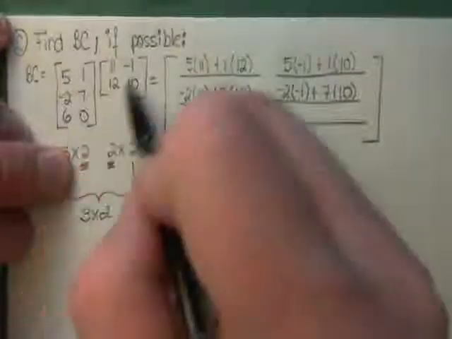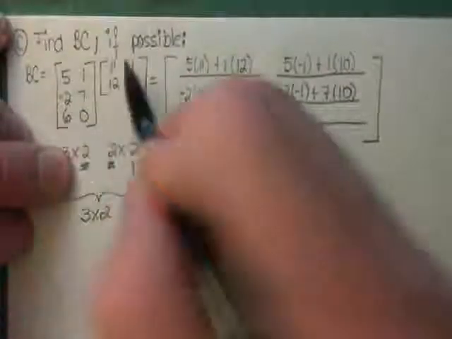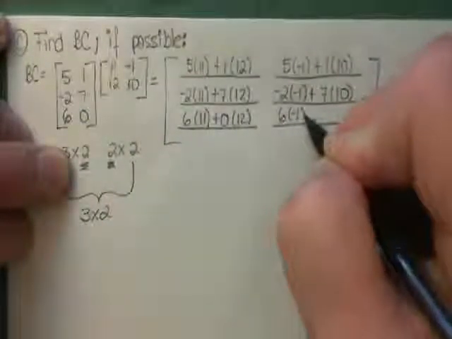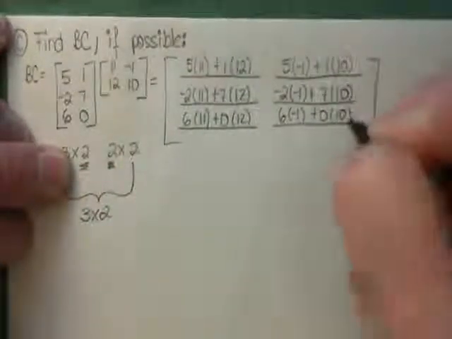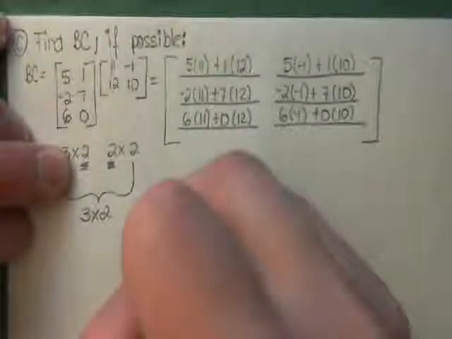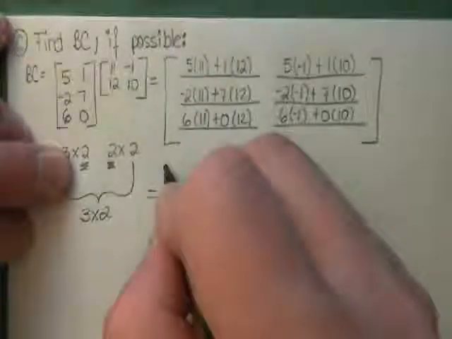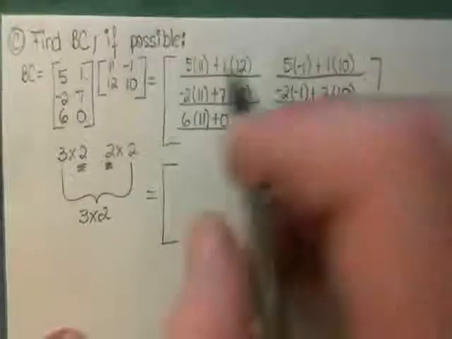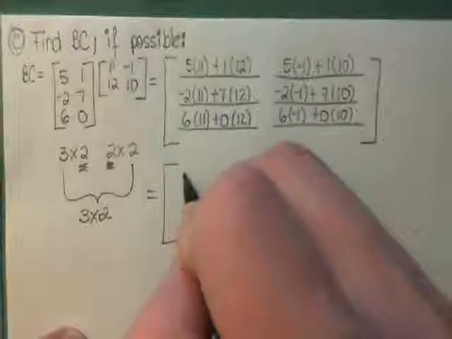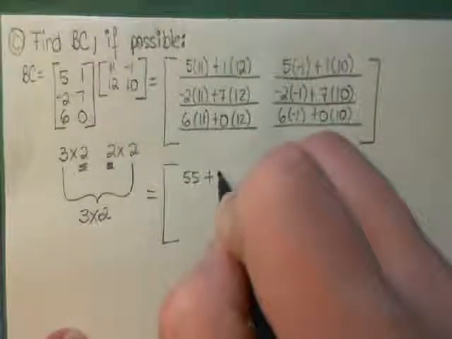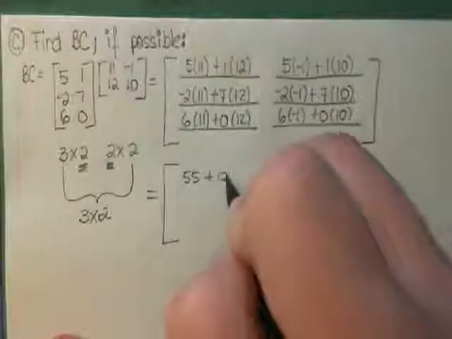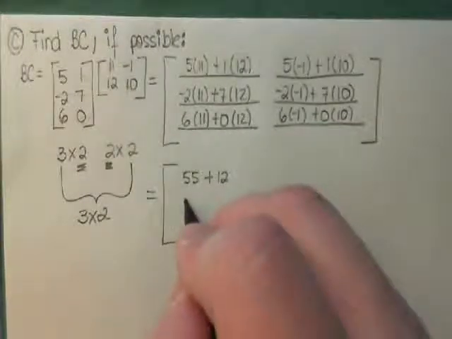So row 3, column 2, 6 times negative 1, 0 times 10. Okay, very well. With that, now let's perform the multiplications here. So this would be 55 plus 12, right?